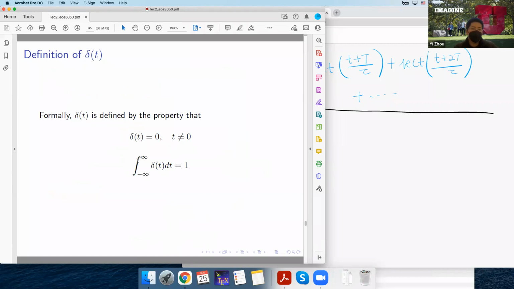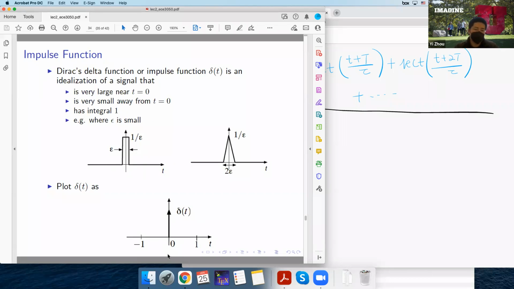At the 0 point, we have an impulse. However, you can see from these two pictures that as we push the epsilon to the limit 0, the amplitude of this signal at 0 will go to infinity.